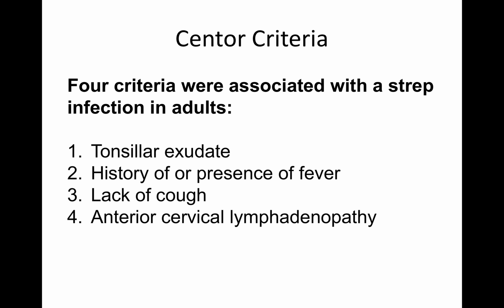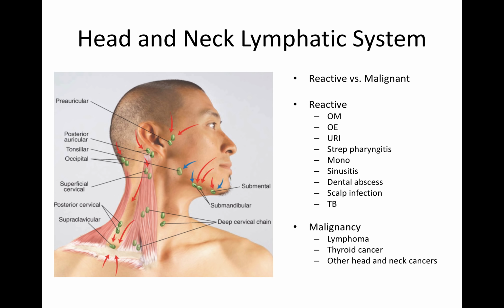However, if you have a patient that has 0 of these criteria, or 1, and you have a decent alternate explanation, you may choose to not treat, especially if you don't have the rapid strep test available to you. That's perfectly reasonable to not treat in someone with another reasonable explanation and someone with 0 or 1 Centor criteria. That's the purpose of these criteria, to help you avoid antibiotics in situations where you might not need it.